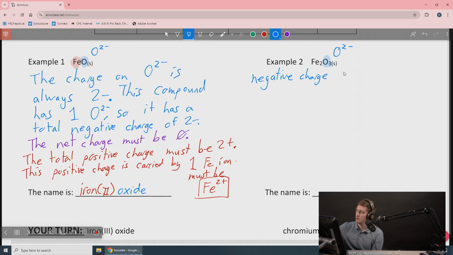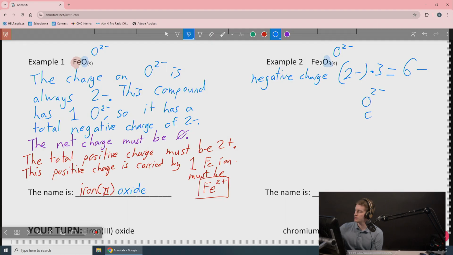We have a subscript of 3, which means that this compound has 3 2-'s. So our total negative charge is 6-.